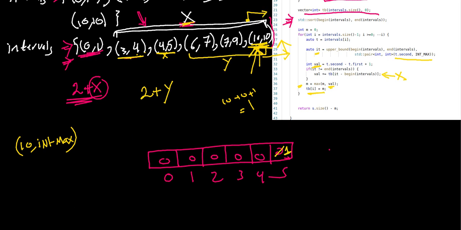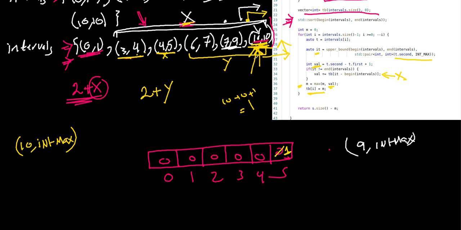We move to the next interval, 7, 9. Again, we look for the upper bound for 9, INT_MAX, which is the first interval here up to the end that doesn't overlap with 7, 9, and the answer is 10, 10.